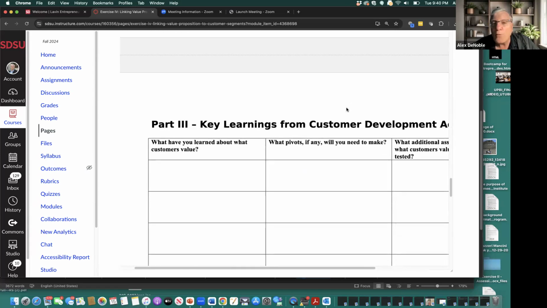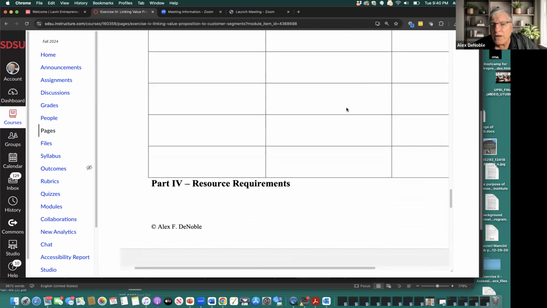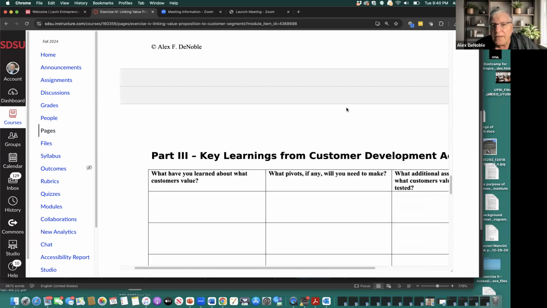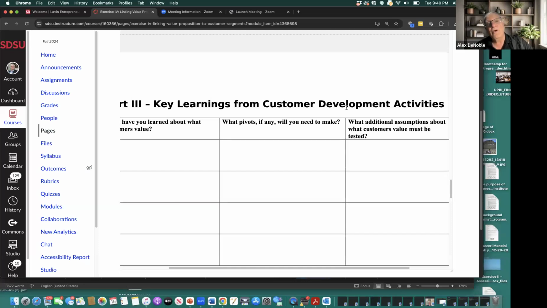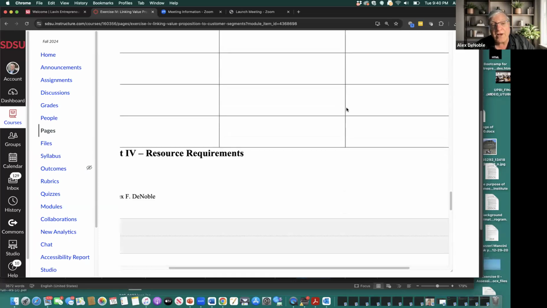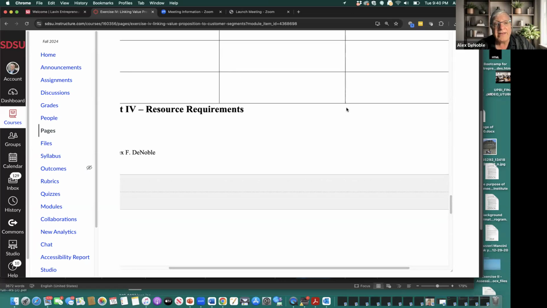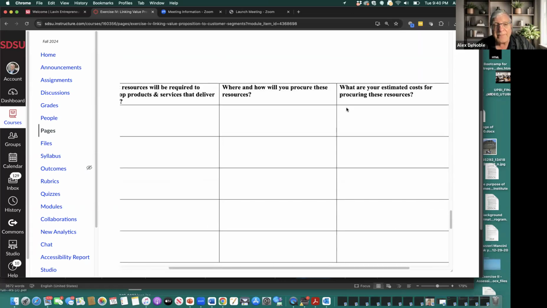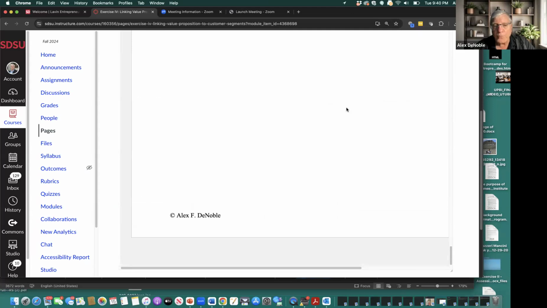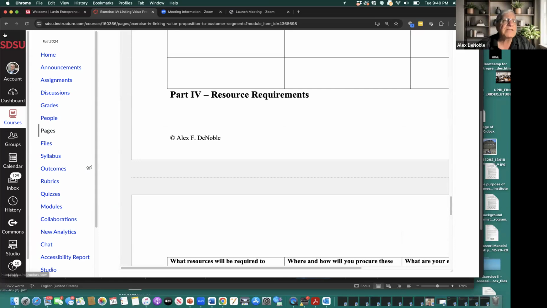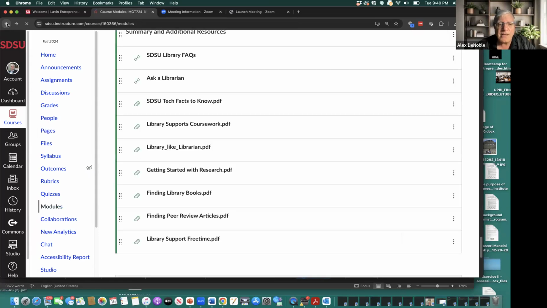So don't worry about parts 3 and 4 unless you actually do a designed experiment. Then talk about what you've learned from getting customer feedback and how that might impact resource requirements, something you want to think about. So that's my talk on value proposition design.